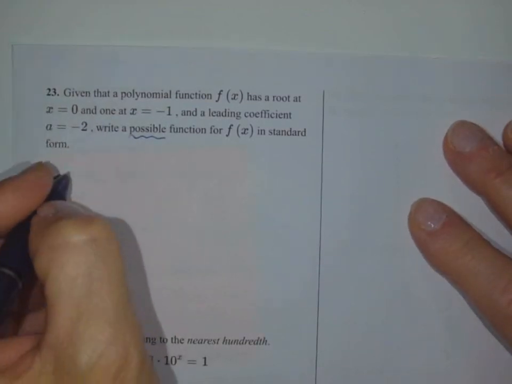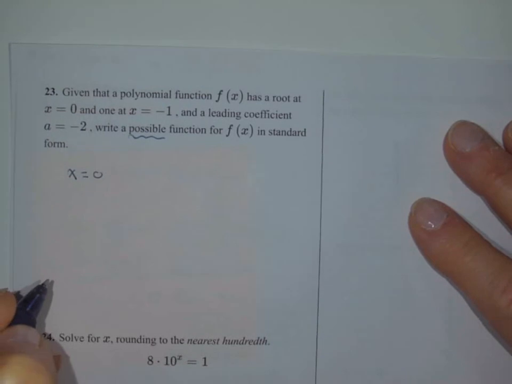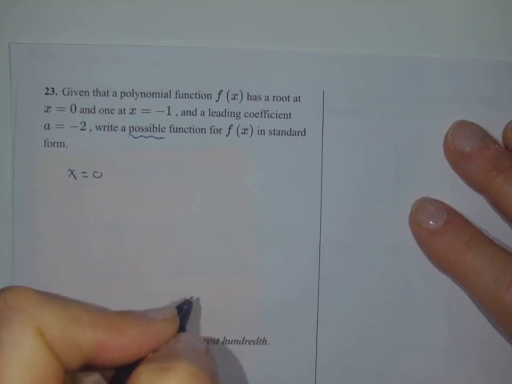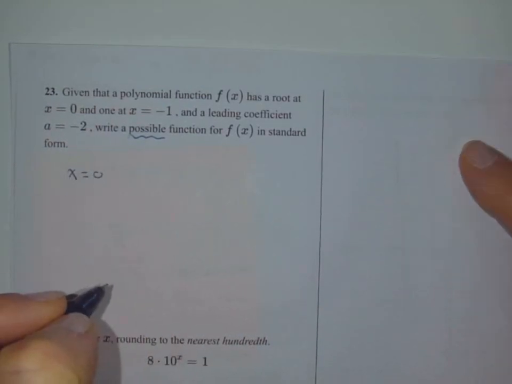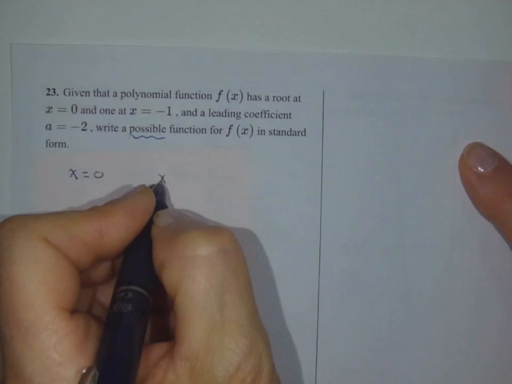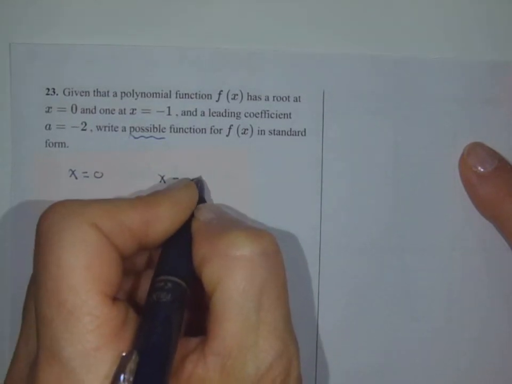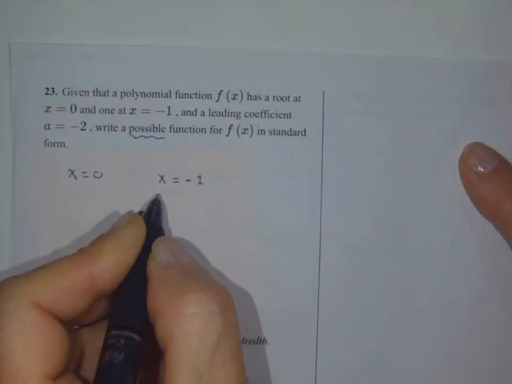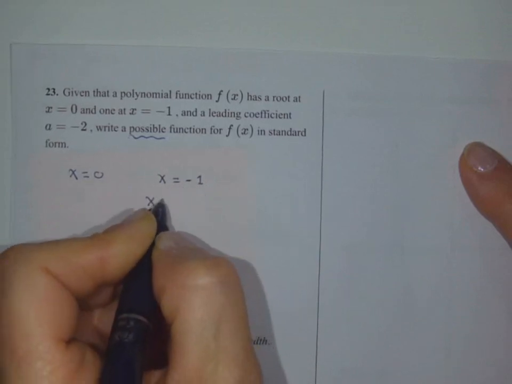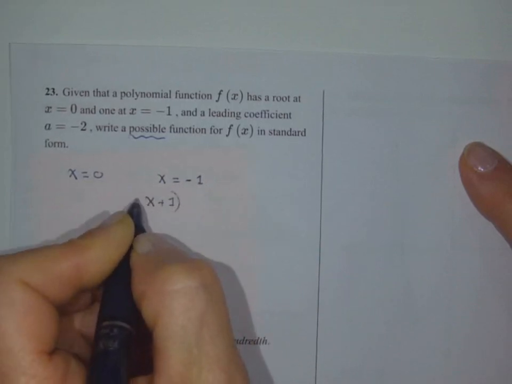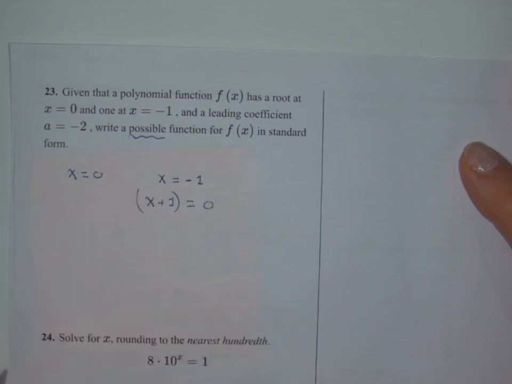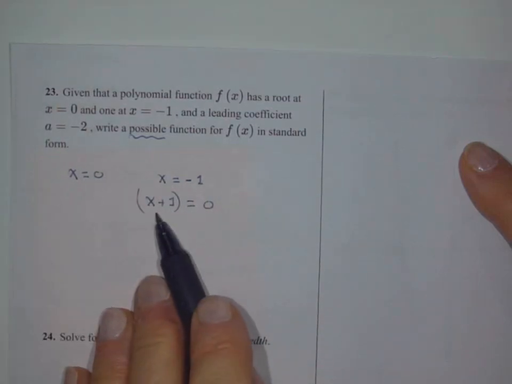So if I have a solution at x equals 0, well, that's already going to be one of my factors, right? Because there is nothing to move across the equal sign. I'm going to have another root at x equals -1. We're going to find the factor, so move that across the equal sign to set it equal to 0, right? So you do +1 on both sides, and that will be my other factor.